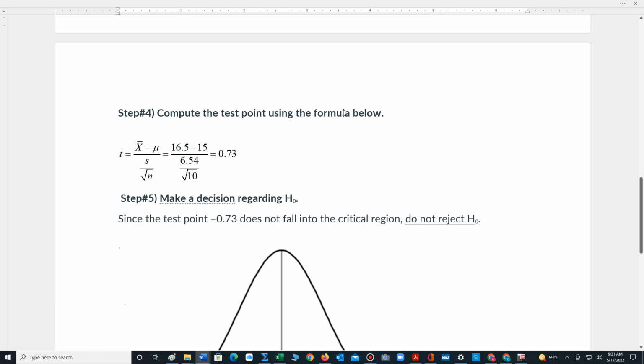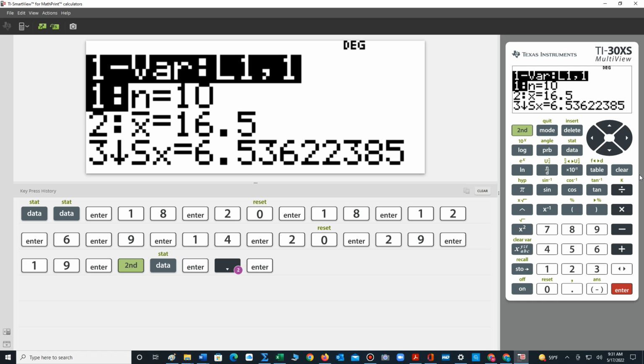Next, we compute the test point. The test point formula is t equal to x bar minus mu over s divided by radical n. So we can use the calculator to perform this computation.